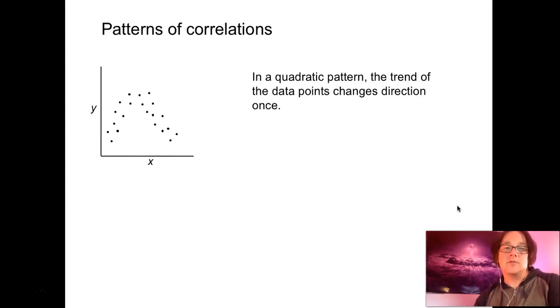So let's take a look at what a quadratic pattern might look like. Clearly this is not linear. We see that in quadratic patterns, the trend of the data points is changing directions. In this case, it changes direction once. So we can think of two variables that might be related in this quadratic type of way.